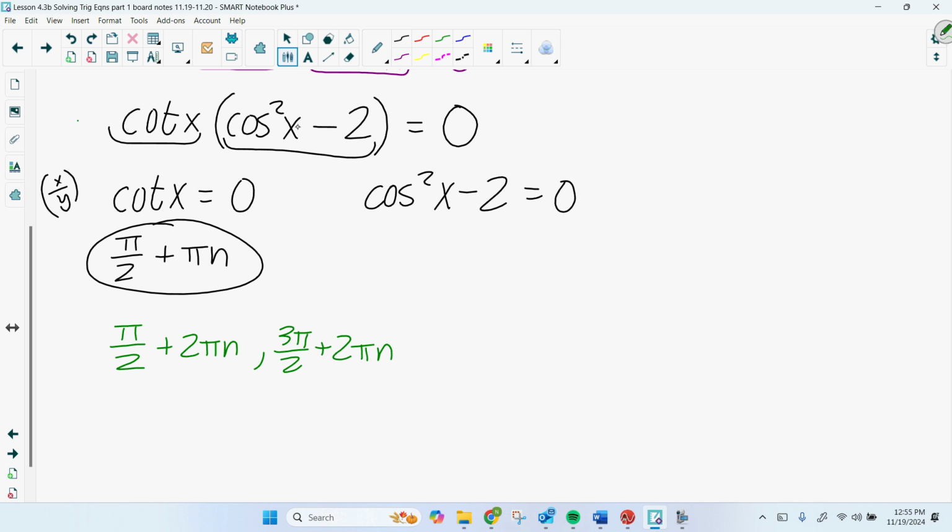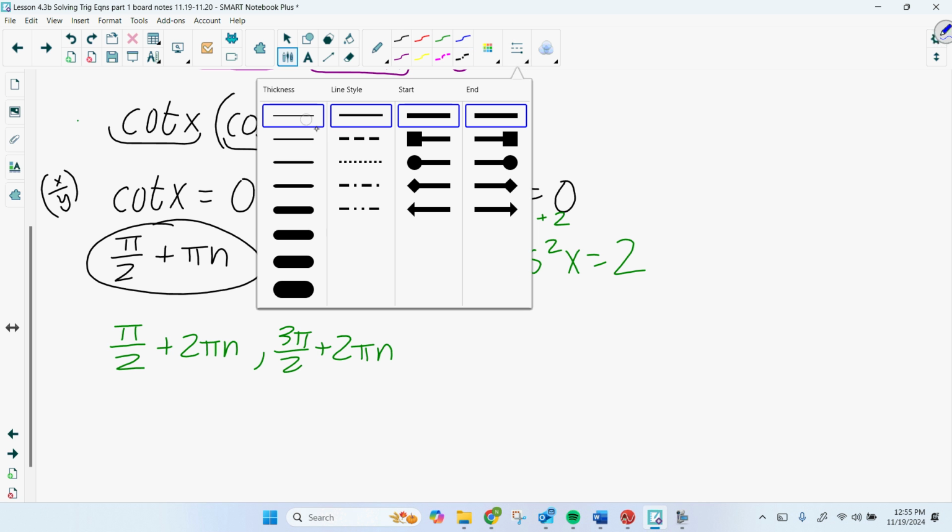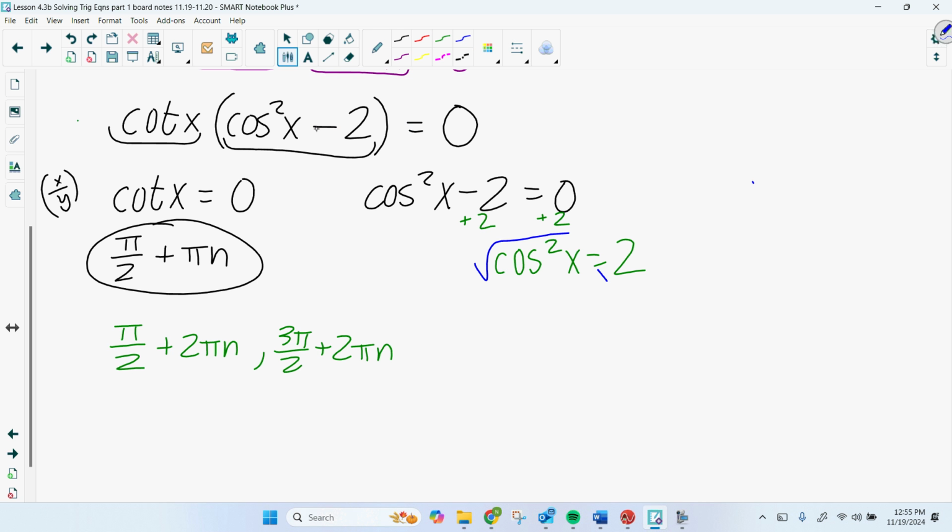Yeah. Now this is kind of interesting, the one on the right. So I have to do a tiny little bit of algebra to get cosine alone. What should I do here? Just 2. Okay. So I add 2, and then square root the 2. Technically, it's going to be plus or minus, but if we actually did square root of 2 in our calculators, we would find out decimal-wise it's bigger than 1.